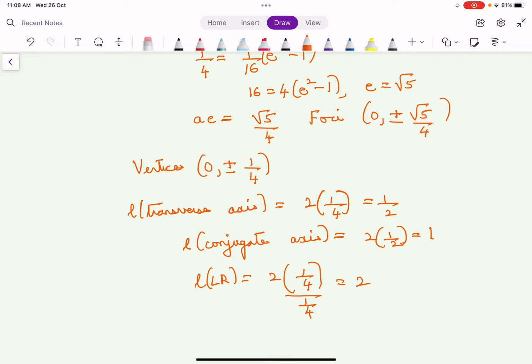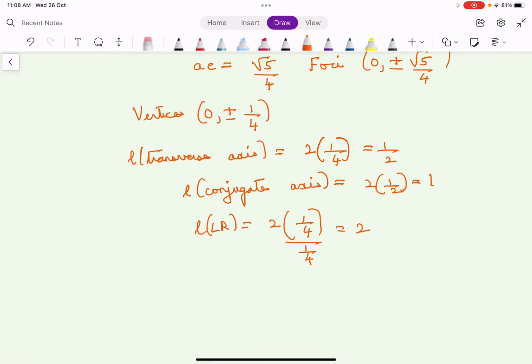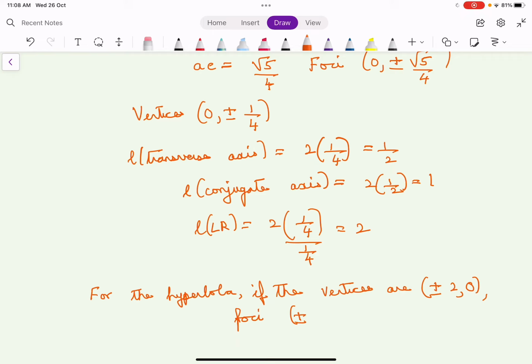Okay, the next question is something like this. For the hyperbola, if the vertices are plus or minus 2, 0, foci are plus or minus 3, 0, find the equation.